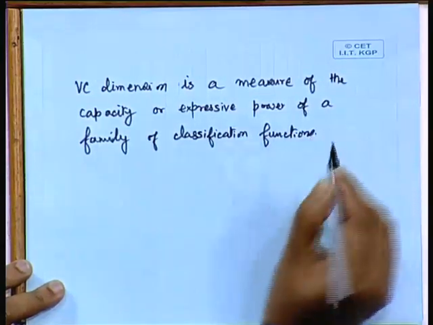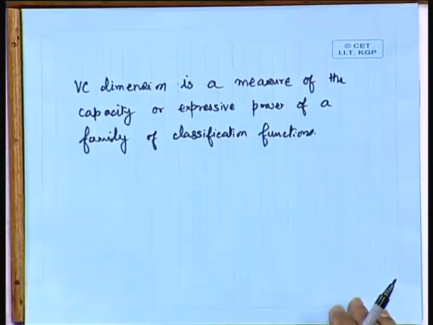And in fact, based on their theory, if we can compute the VC dimension of any given decision function, because every neural network, as we know, ultimately gives us a decision function.